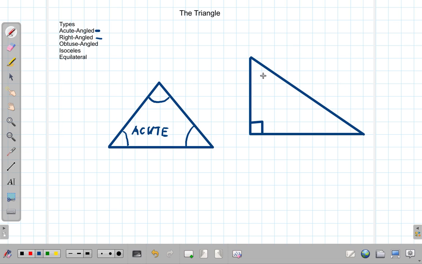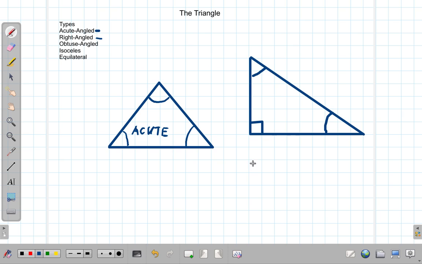What you will find now is that these 2 angles, this one and this one, they both add up to 90. So when you add this angle and this angle to the right angle, the 90 that you had already plus this 90 gives you 180 degrees.